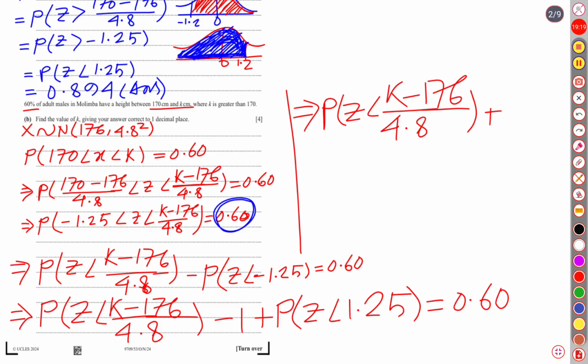Look at this. In the previous solution, we got that when z-score is 1.25, our probability is 0.8944.